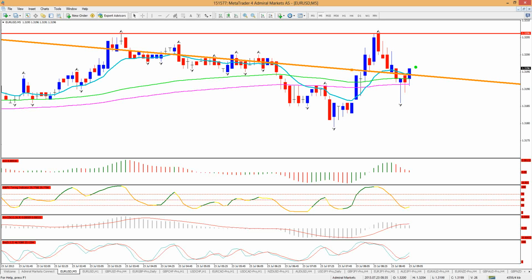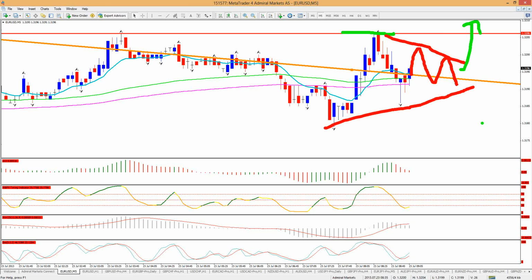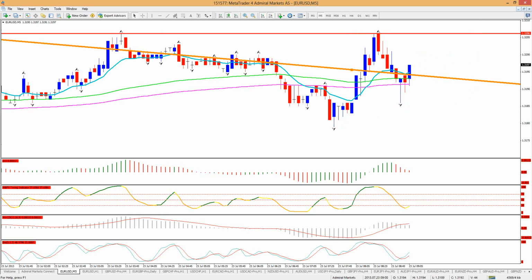I think that if we were to break above this red line, things might change. Otherwise, looking at the current setup, I'm looking at a potential smaller wedge on the 5-minute and later a break, most likely to the upside, although you never know. If we were to break above this resistance line, then things would change.